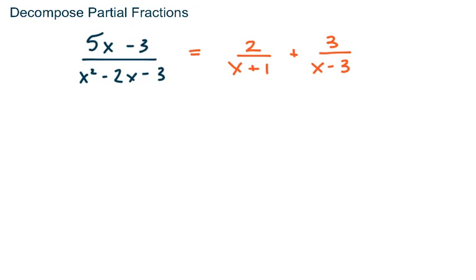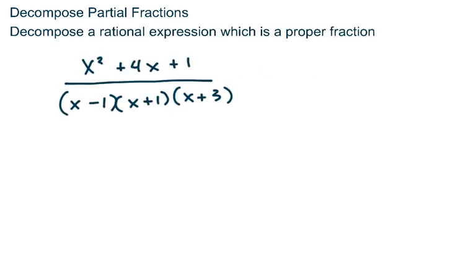Okay, so I'm just going to review and detail our strategy for decomposing this into the sum of two partial fractions. In this example, we're going to decompose a rational expression, which is a proper fraction. And by proper, that means the numerator is a smaller degree than the denominator, which is cubic. We have squared in the top, cubic in the bottom.